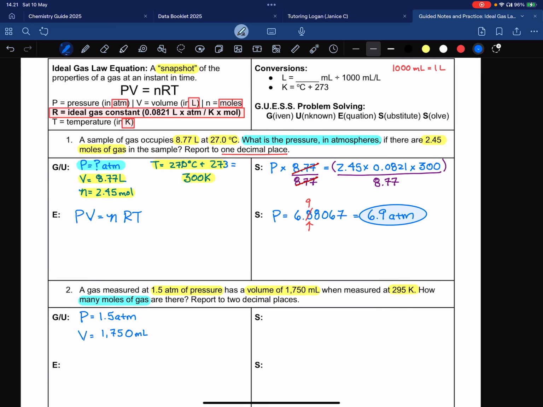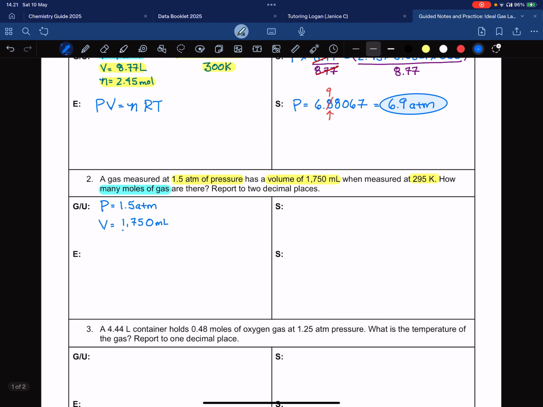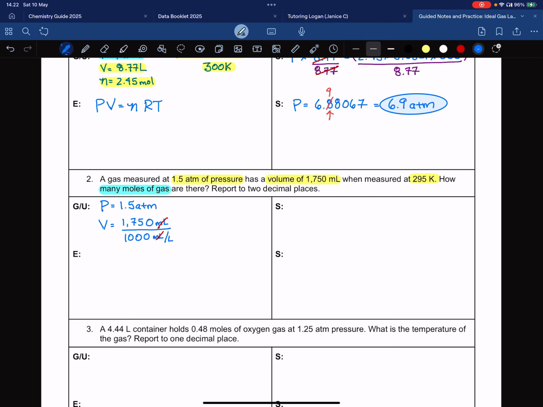But remember, our V has to be in liters, so we're going to need to divide by 1,000. So we're going to divide that by 1,000 milliliters per liter. Milliliters cancel, and I'm going to end up with 1.750 liters. Or I would have moved the decimal 1, 2, 3 places.